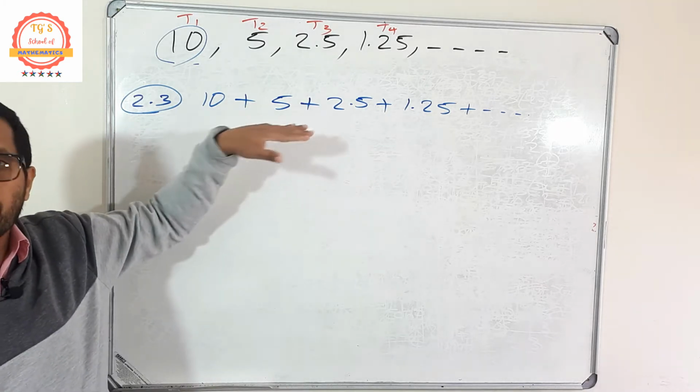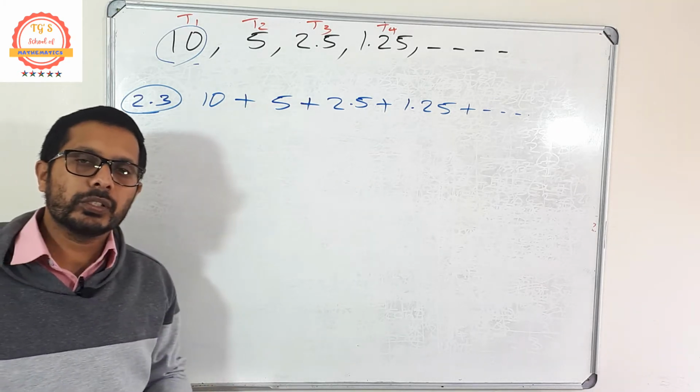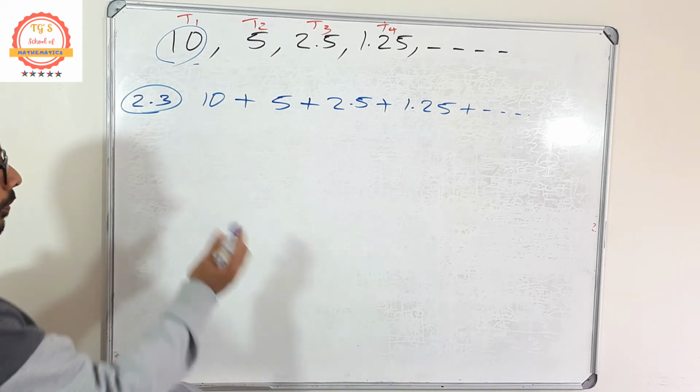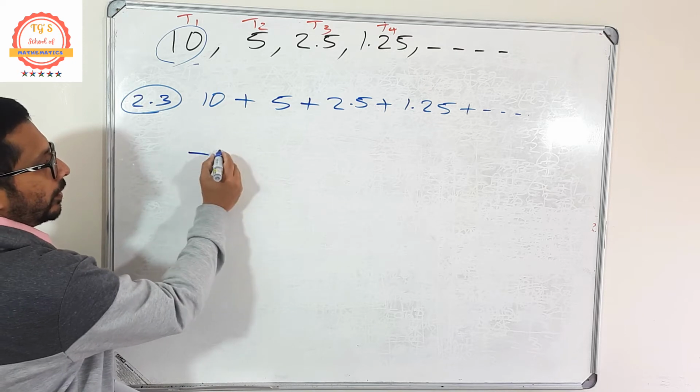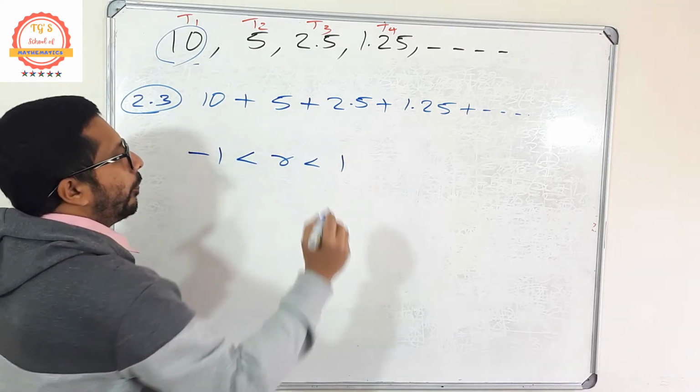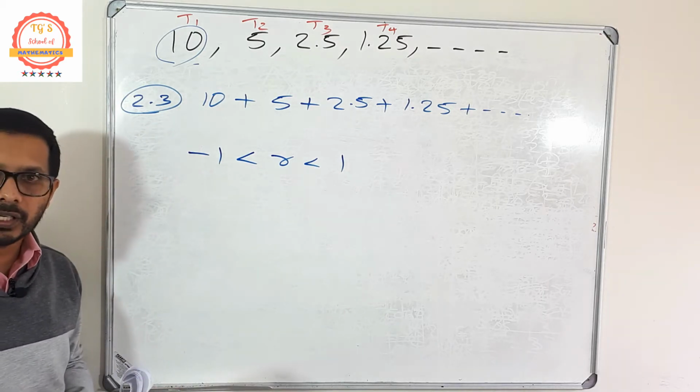You know that this is a geometric series, and what is the condition for a geometric series to converge? If a geometric series converges, it means that the value of r is in between -1 and 1.